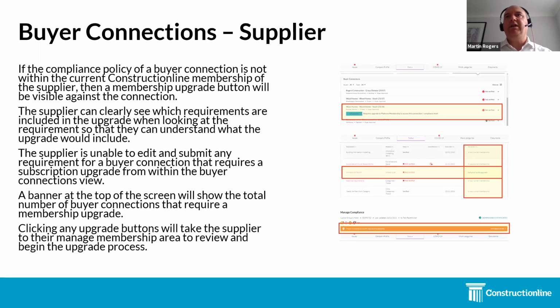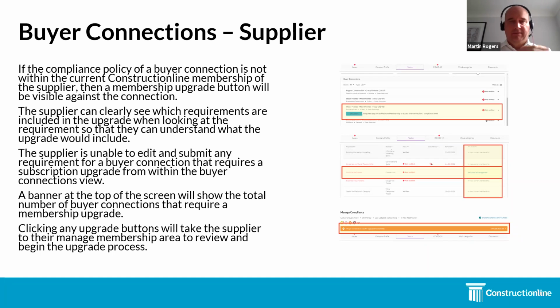In addition to the upgrade link within the segment itself, at the top of the page, whichever tab they're on, whether they're on the Issues tab or the company profile or the work categories, an orange banner will be presented to the users to make it clear that they have at least one connection which requires a membership upgrade.